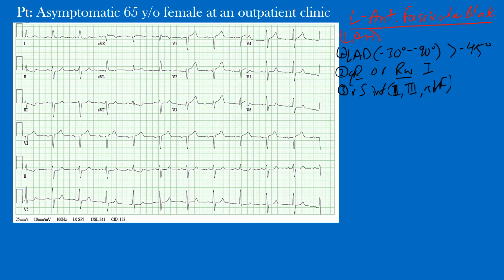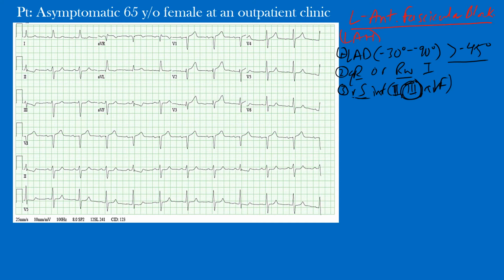The main one that you tend to see this in is lead 3. So small R wave, big S wave. Those are the three criteria I want you to know for left anterior fascicular block: left axis deviation, typically greater than -45 degrees, a QR or R wave in lead 1, and this RS complex in the inferior leads, especially in lead 3.